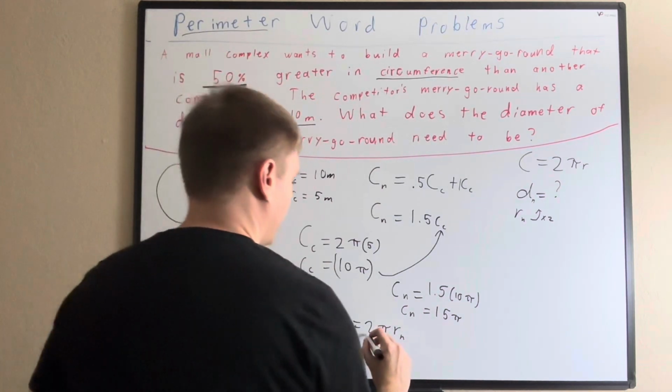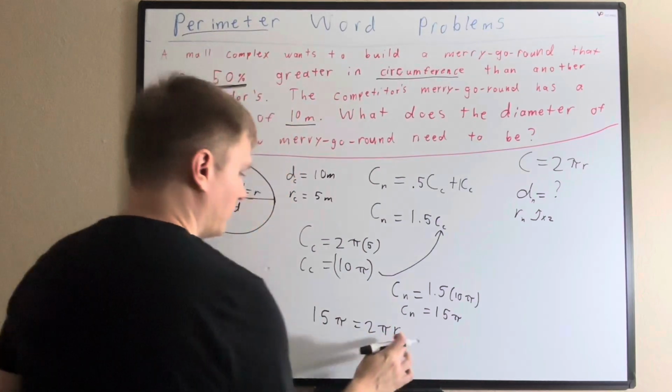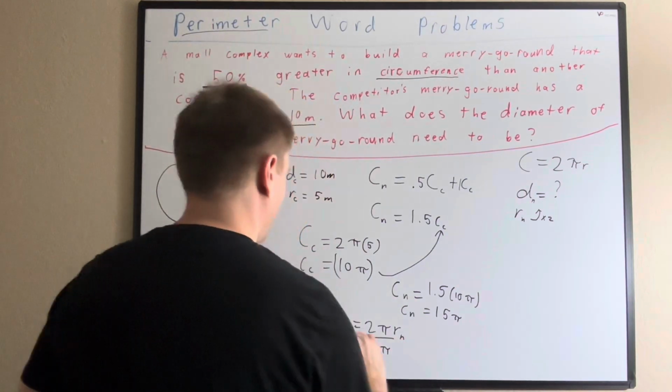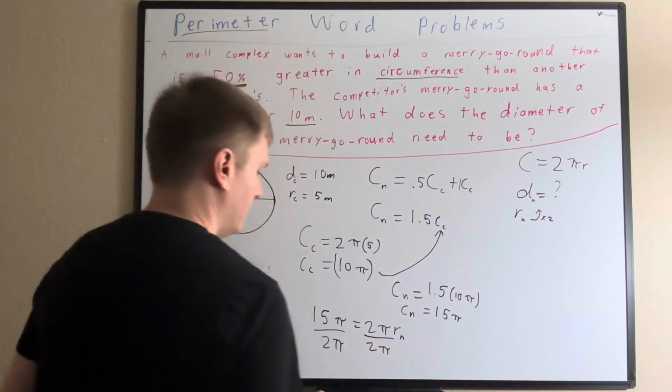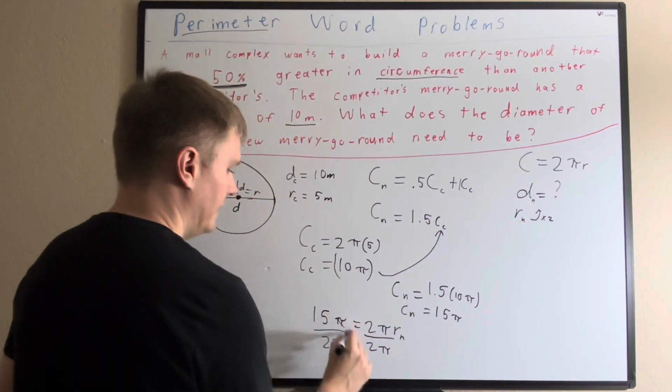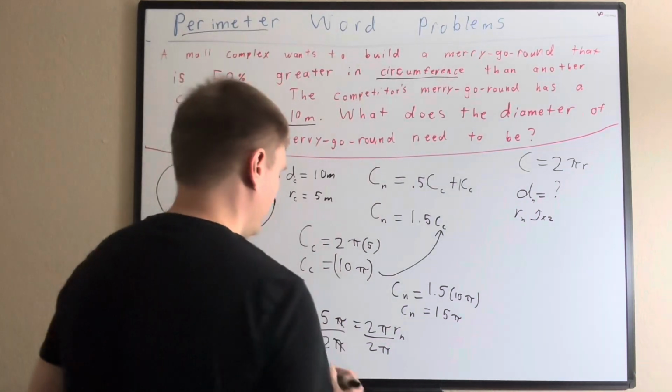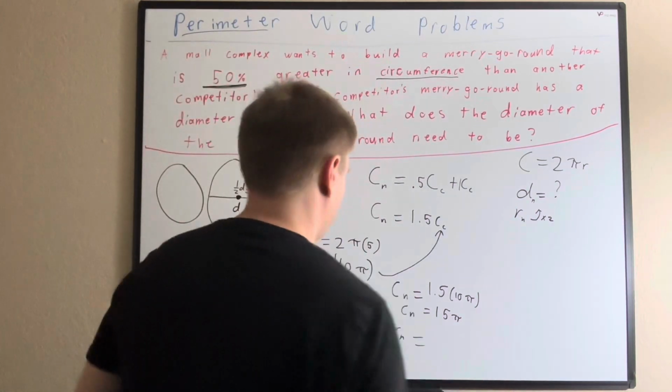Okay, well, now we're solving for r, right? That's our only unknown right here. So we divide by 2 pi, and look at that. The pi's cancel. Pi divided by pi is just 1. So 15 over 2 is what?